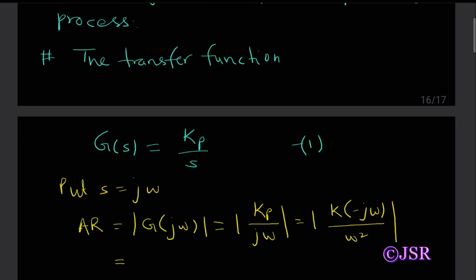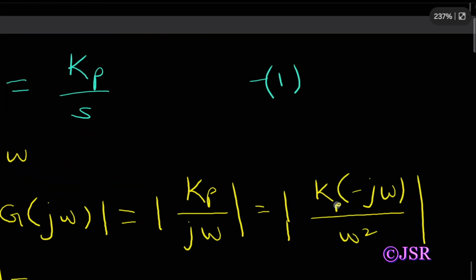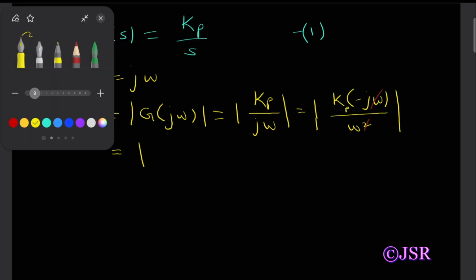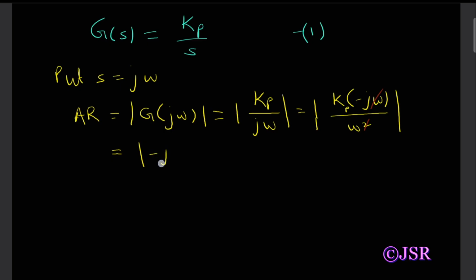So finally we will have the mod of minus Kp J omega over omega square. Here omega gets cancelled, so we will have minus J Kp upon omega.